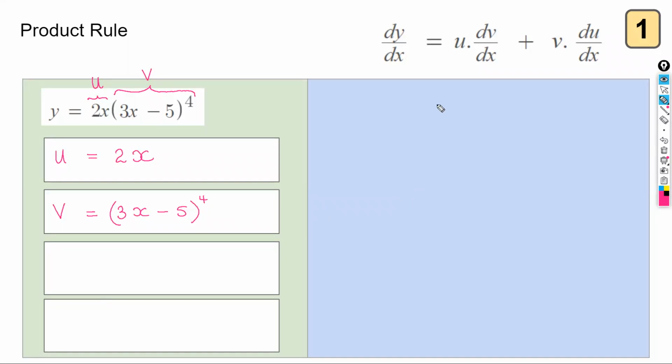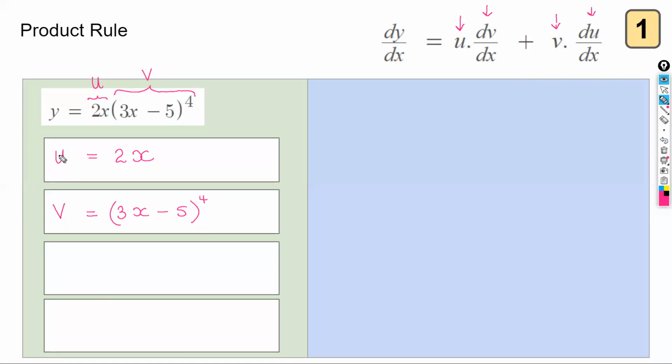Now, if you look at the formula, it has things like u. We know how much u is. They ask us what v is, but we know what v is. And this dot means multiply. But we also need to get things like dv/dx and du/dx. So where does dv/dx and du/dx come from? It's very, very simple.